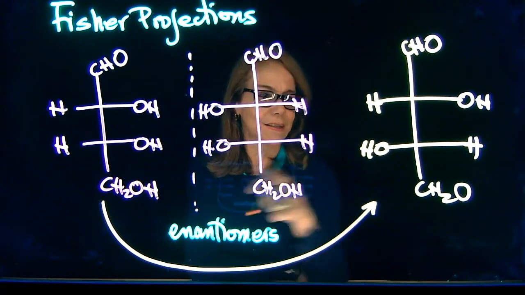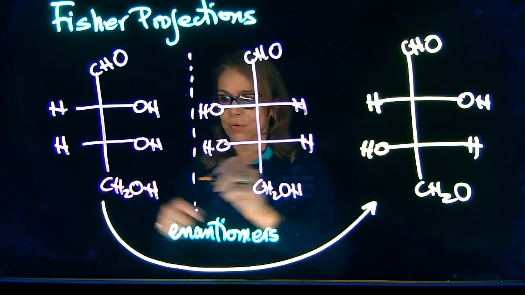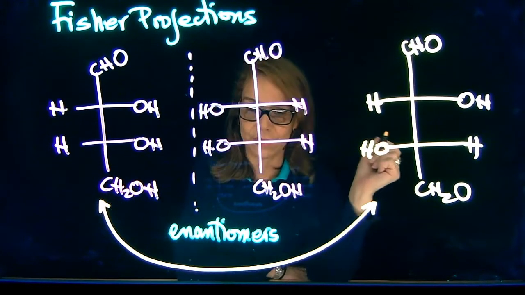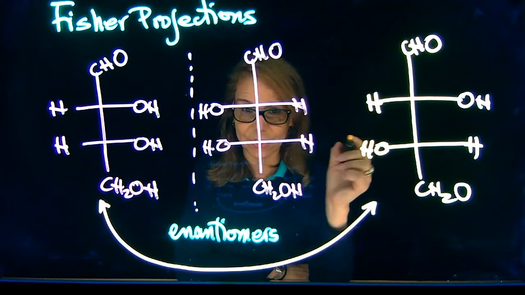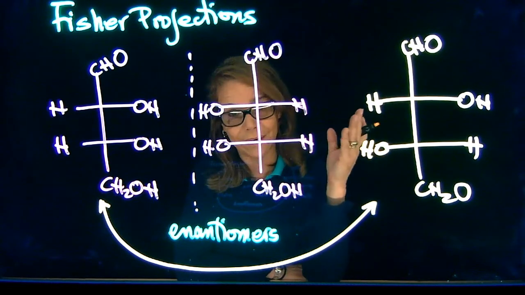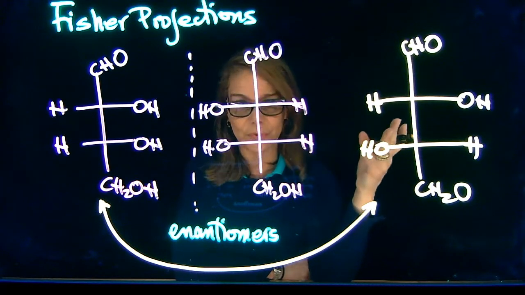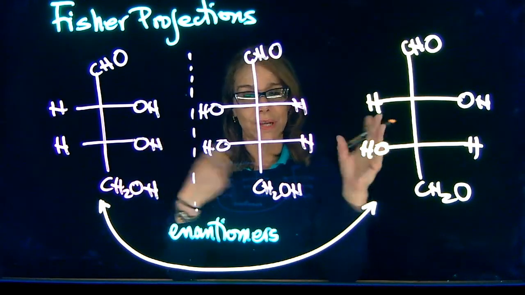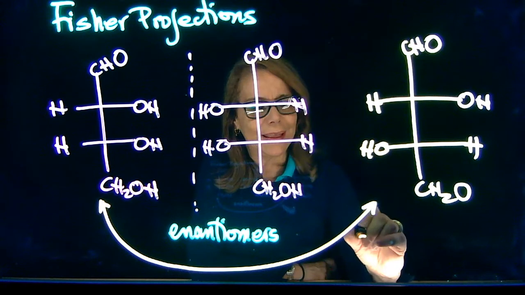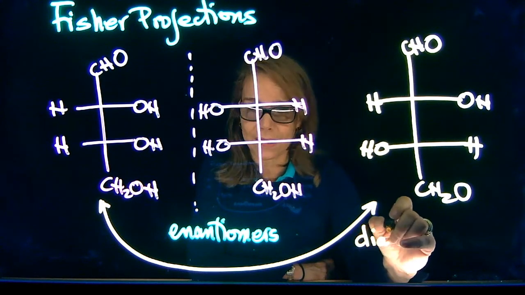Now these two are no longer mirror images. So the relationship between these two molecules, they are again isomers, but what type of isomers? Stereoisomers. What type of stereoisomers? Not mirror images, they are diastereomers.